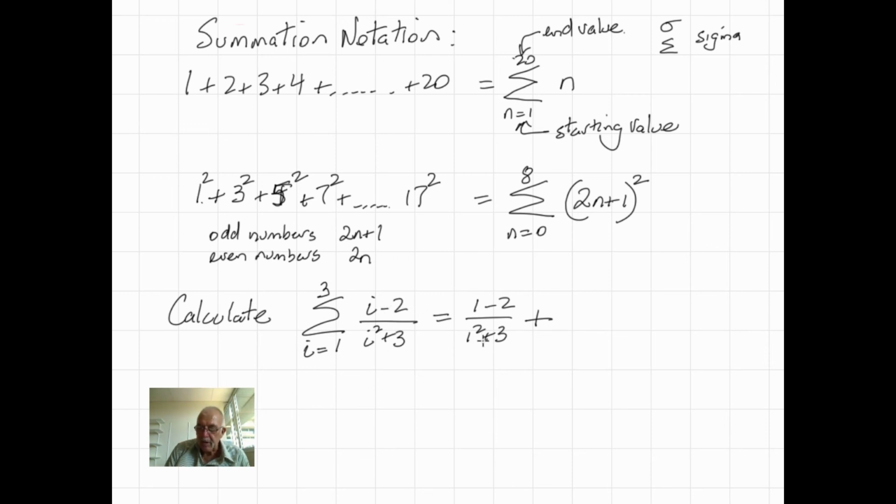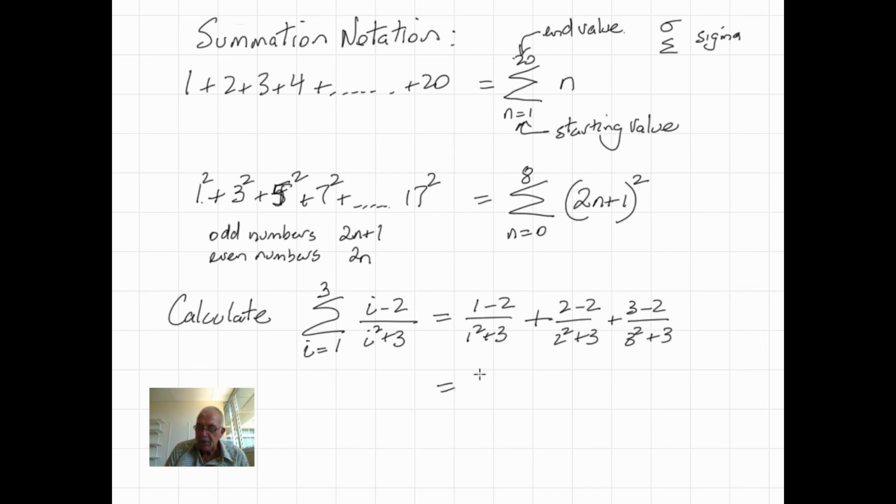Now we've done i equals 1, now we do i equals 2, so 2 minus 2 over 2 squared plus 3, plus, now we do i equals 3, 3 minus 2 over 3 squared plus 3.